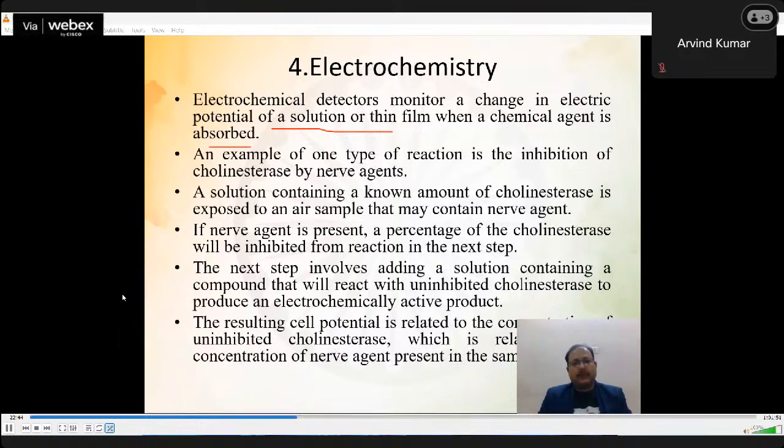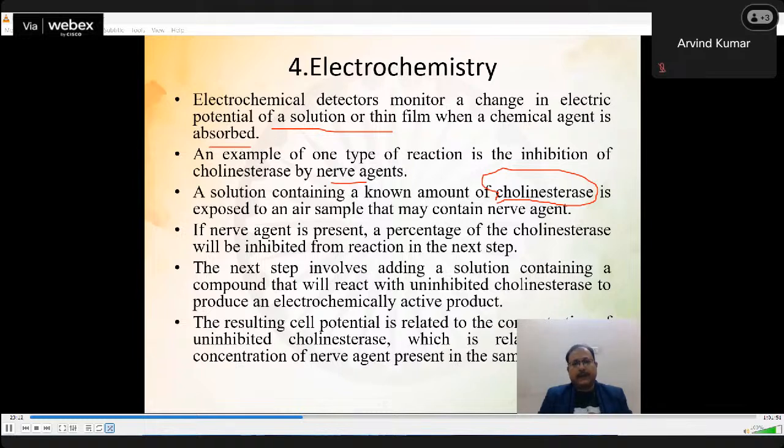An example of one type of reaction is inhibition of cholinesterase by nerve agents. A solution containing a known amount of cholinesterase is exposed to an air sample that may contain nerve agent. If nerve agent is present, a percentage of cholinesterase will be inhibited from reaction in the next step.